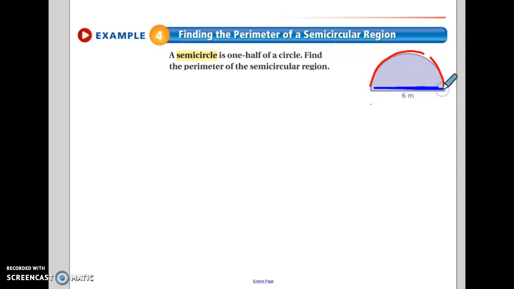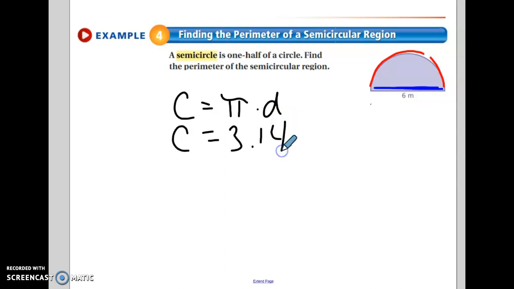So this blue piece, that's our diameter, which means we're going to use circumference is pi times diameter. So I'm going to calculate the circumference by doing 3.14, that's pi, times the length of my diameter, which you can see is 6.